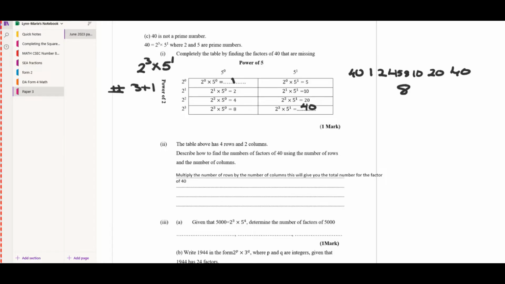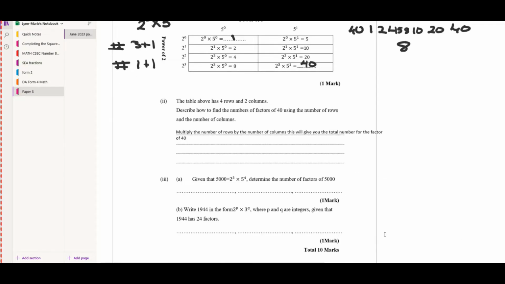So your number of rows is your power plus 1. And your number of columns would be your power, which is 1, plus 1.